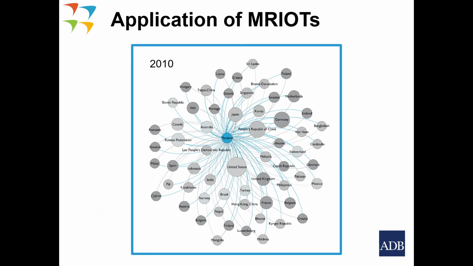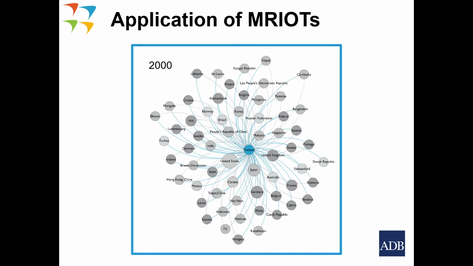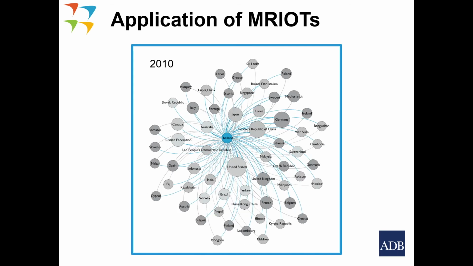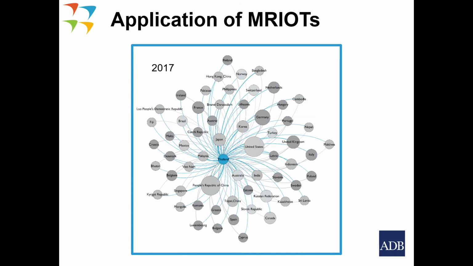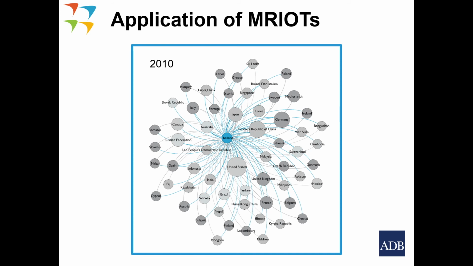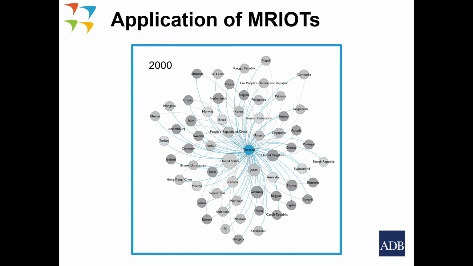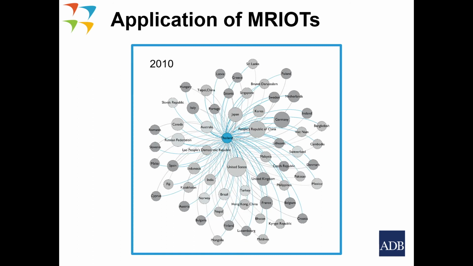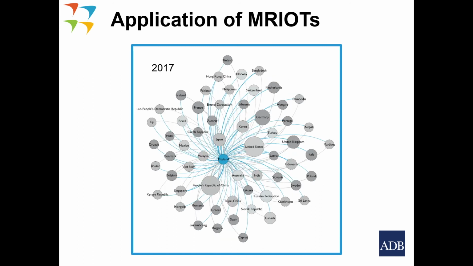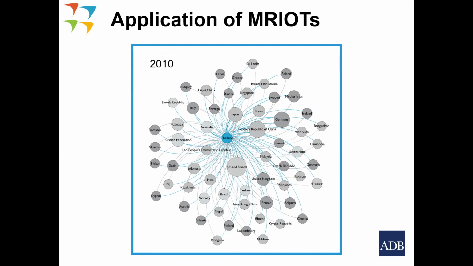MRIOTs help us understand the changing nature of trade. Here we show network charts for Thailand's interaction with other countries. The shortlisted 63 countries in the network charts are based on the ADB Economic Indicators Input-Output Tables publications. Each node represents one country, and its size pertains to the country's volume of forward GVC participation.